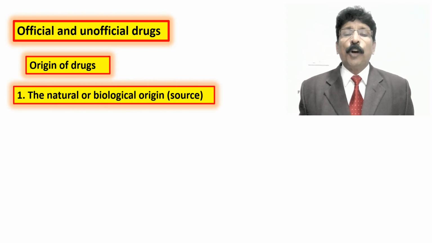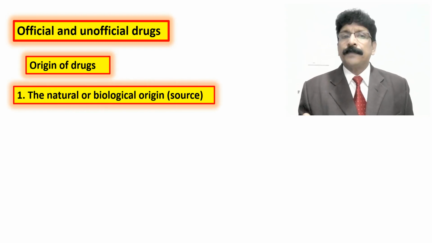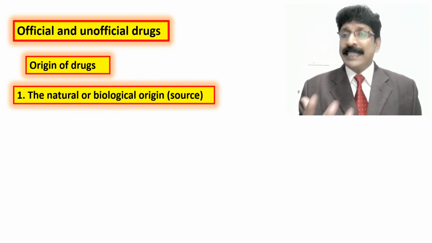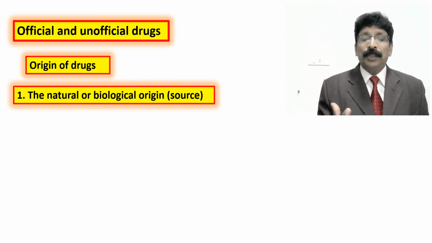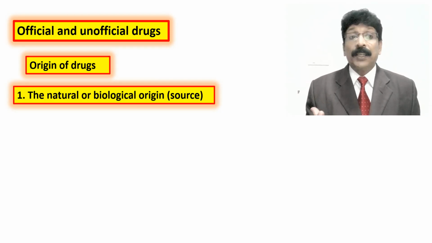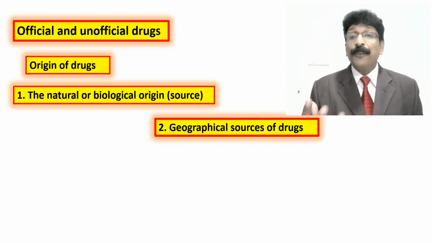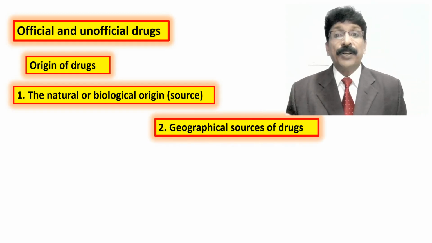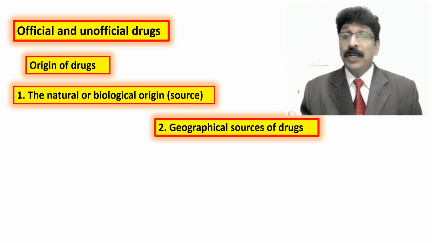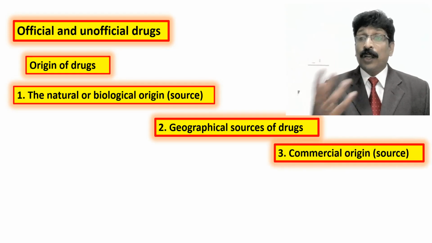When you talk about origin of drugs, number 1, the natural or biological origin: source, biological source, botanical source. By that you can say the origin. Geographical source of a drug: the origin can be decided by its geographical source.